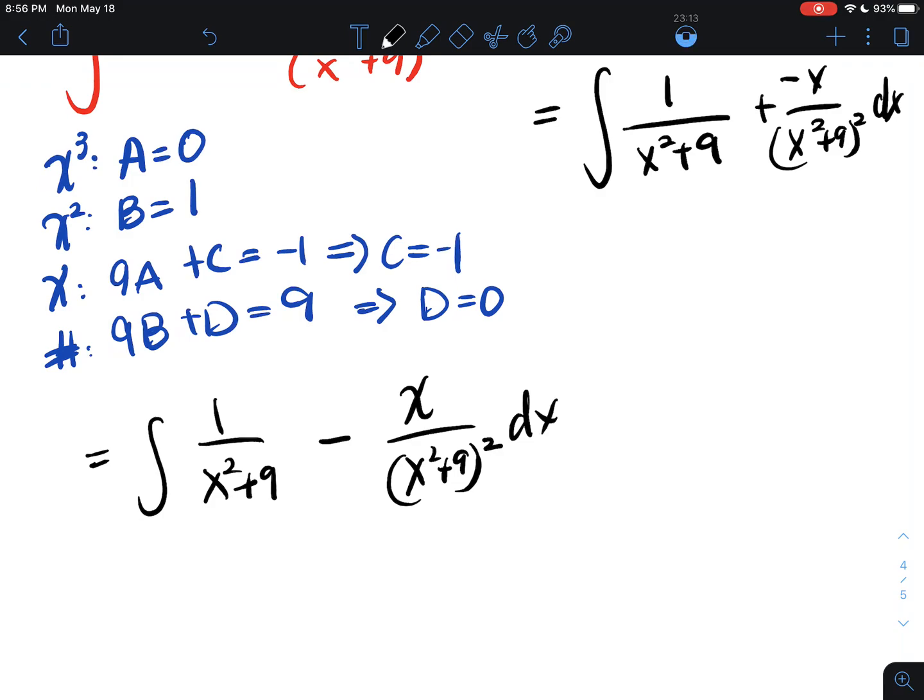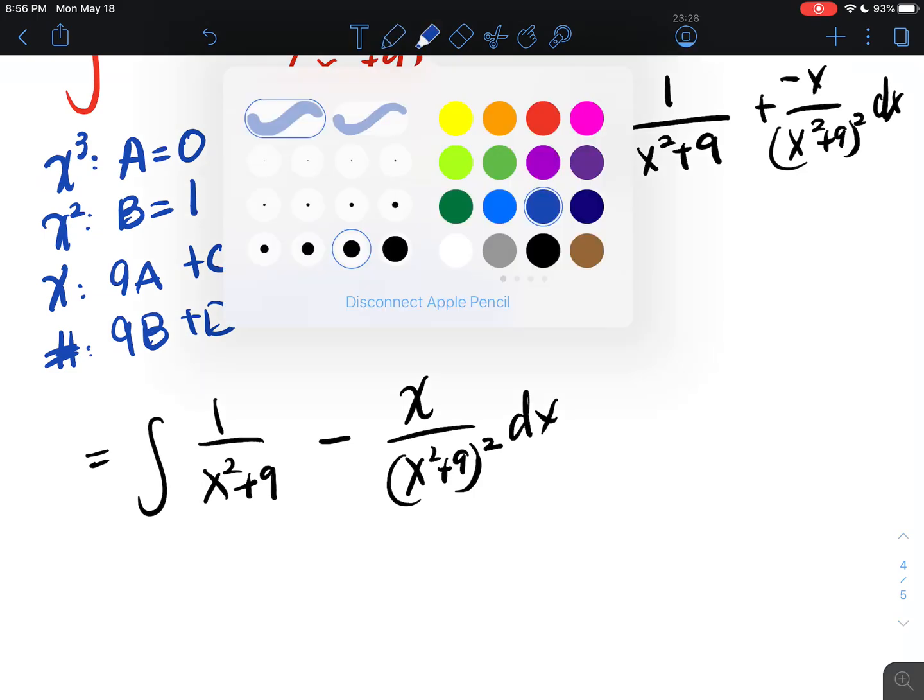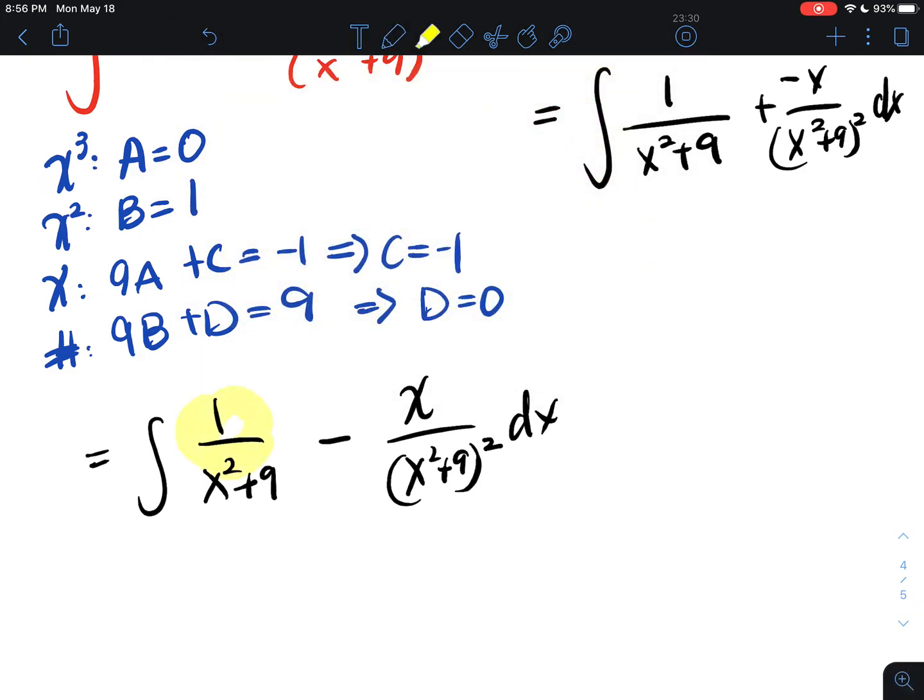Okay, so now here, if I do u substitution for the first term, it's not going to go anywhere. But I can do u substitution for the second term. Okay, so if you notice this one, let me change the color. It's actually a special integral.